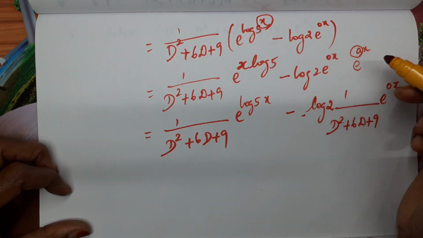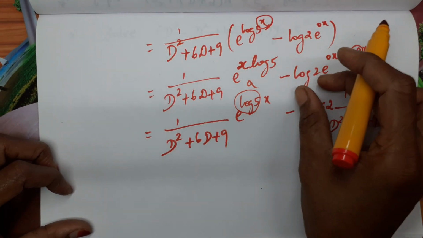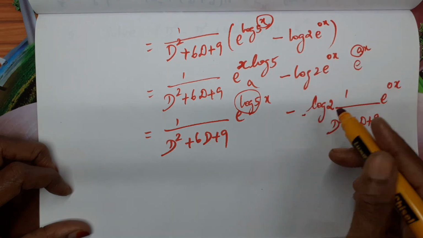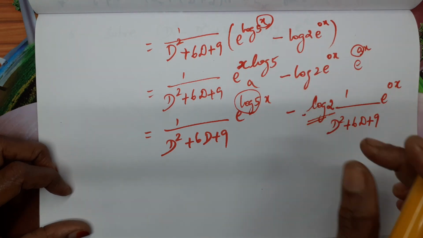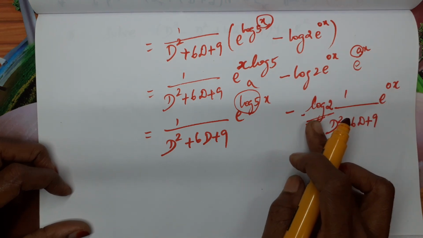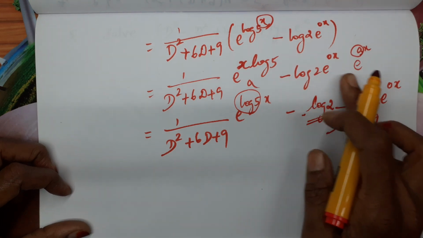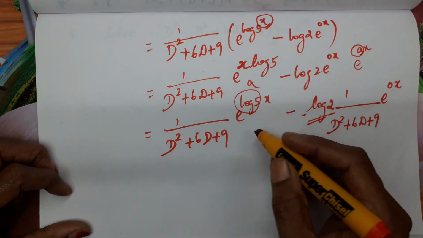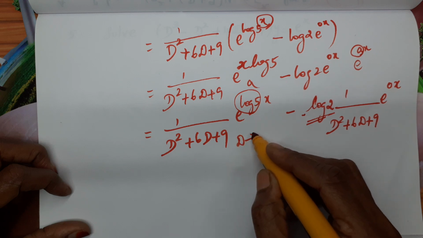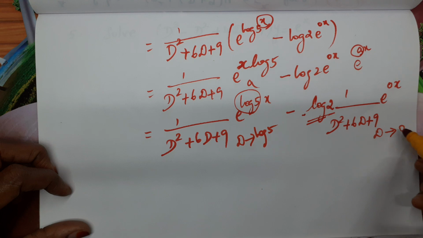The coefficient of x is a, here a is 5, minus log 2. Since log 2 is a constant, I have taken that to the front, as in the previous problem where we took the constant 3. So log 2 into 1 by D squared plus 6D plus 9 e power 0x. Here we have to replace D by log 5, and in the second case we have to replace D by 0.